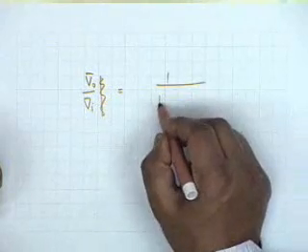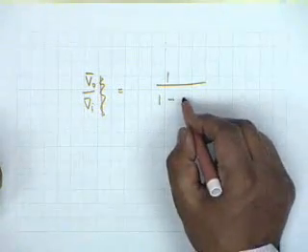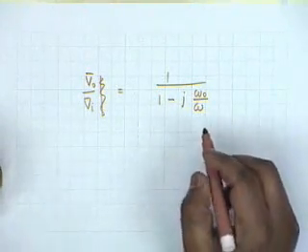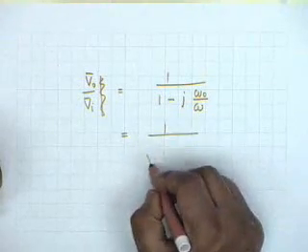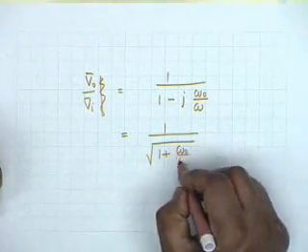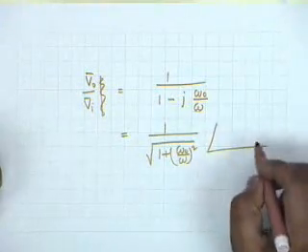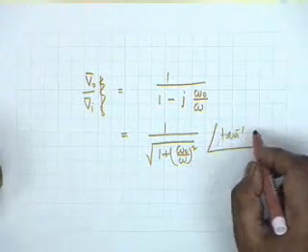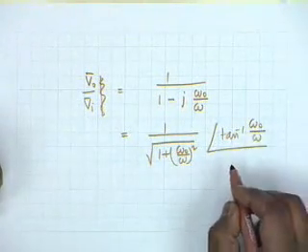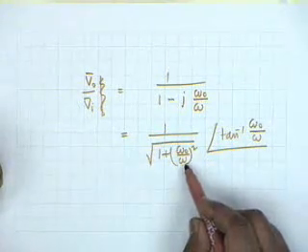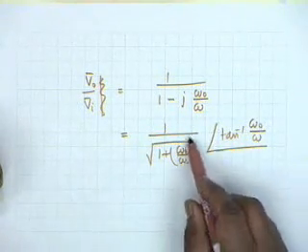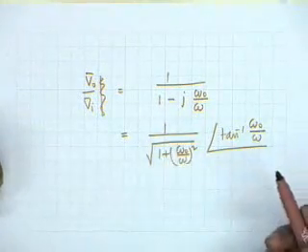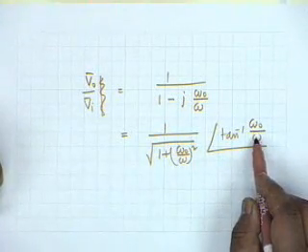becomes equal to 1 by 1 minus j omega 0 divided by omega, and so the magnitude becomes 1 by square root of 1 plus omega 0 by omega whole squared, and the angle becomes tan inverse, plus omega 0 divided by omega. Now you see that when omega is 0, the magnitude is 0. When omega is 0, this becomes infinity, 1 by infinity becomes 0, and the angle becomes pi by 2.